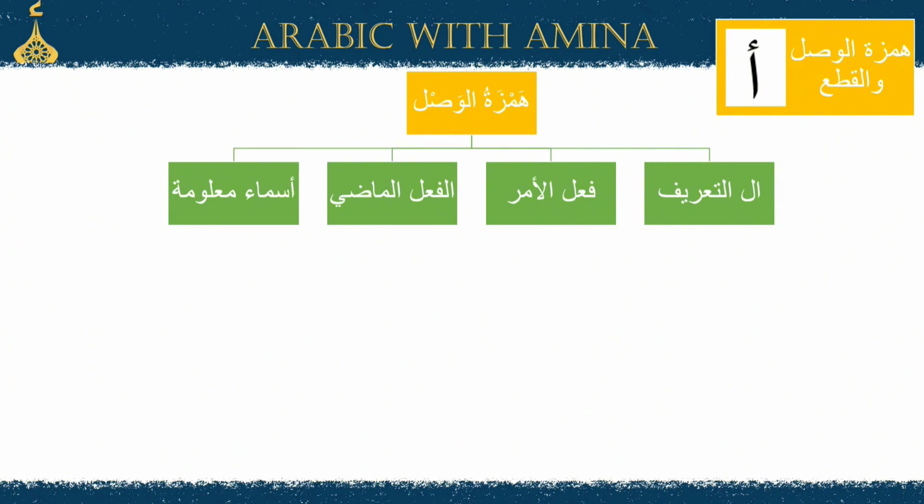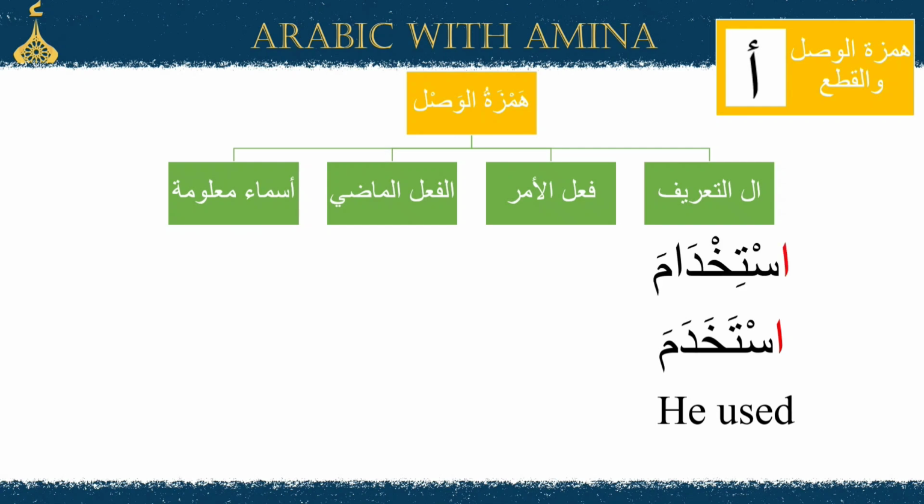For past tense verbs, not all past tense verbs start with Hamzat al-Waṣl. In fact, it's only those verbs that are derived from 5 or 6 letter roots, such as the past tense verb استخدم, he used. This comes from the root استخدام, to use or usage.